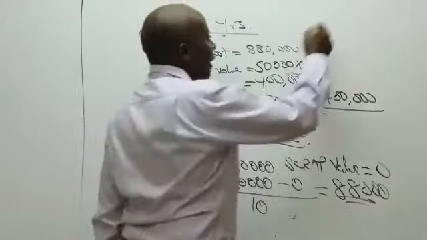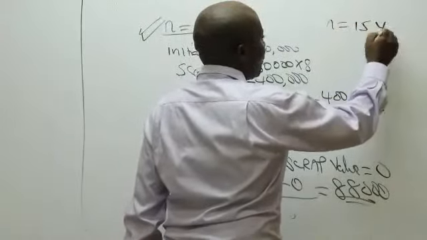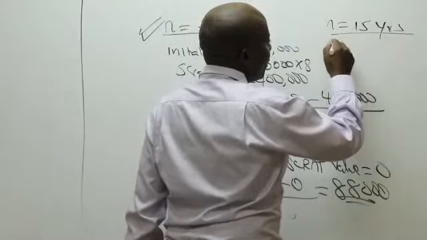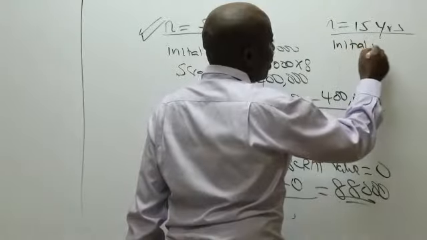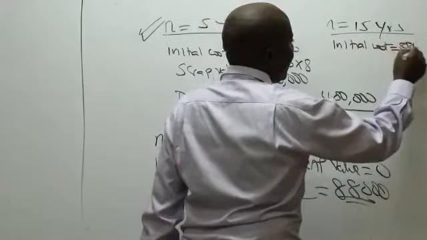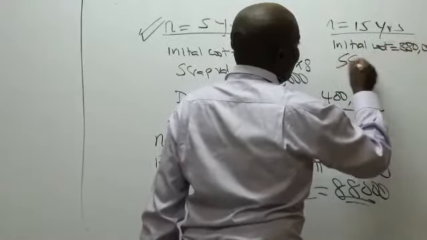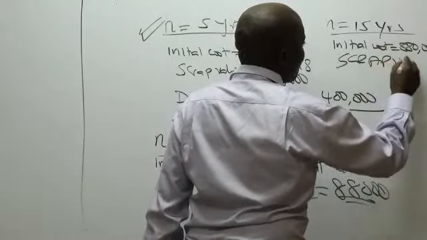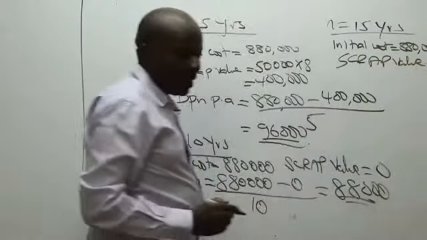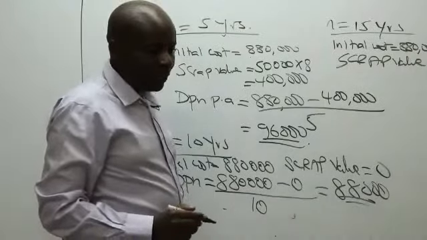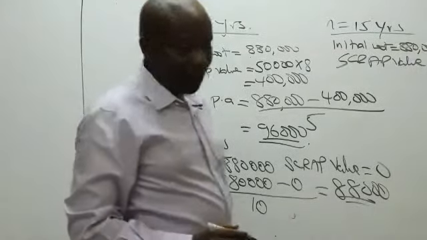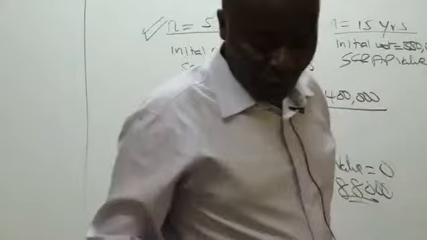Now from there, we have the last n, which is 15 years, the one you guys were talking about. So still the initial cost here will be 880,000. How about the scrap value when n is 15 years? Somebody talk to me tonight.